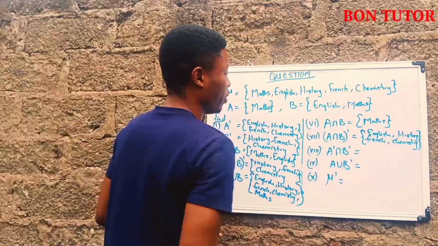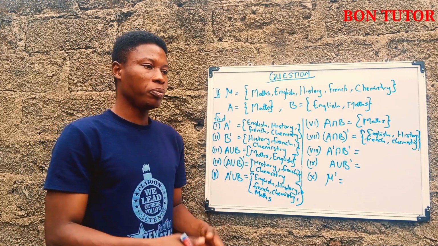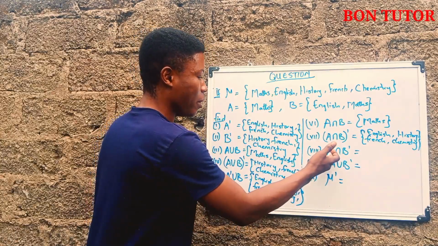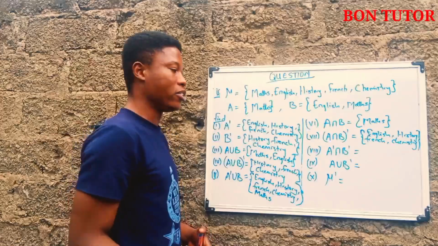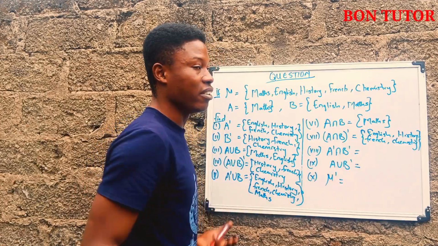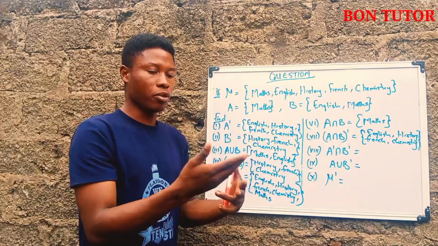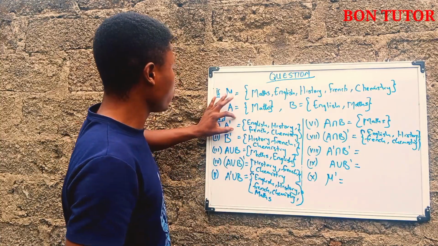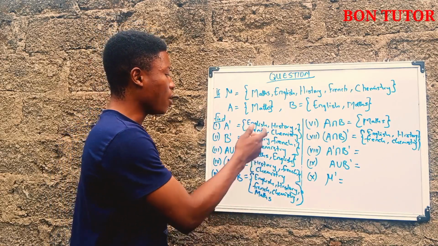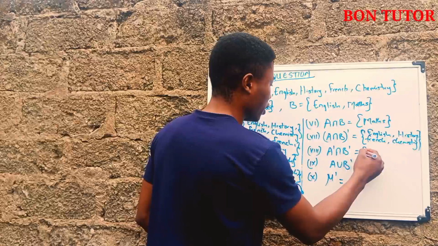Then A prime intersection B prime. When you're talking about A prime intersection B prime, you are looking for what is common to A prime and B prime. That is the elements you can find in A prime and also in B prime. Remember, A prime are the elements you can find in the universal set but not in A. So if you check your A prime and your B prime, you have English here, but it does not have English here, so English is excluded.